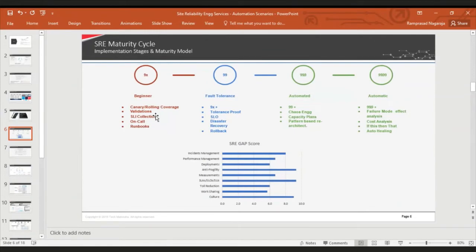There is an assessment mechanism of where the enterprise is in terms of its SRE capabilities, and then we have a mechanism from beginner stage to automated to automatic eventually, and there are different interventions that you bring in, in terms of capabilities that you build in for enabling that journey, reaching a complete score of maturity near 10. You would obviously not have the complete maturity. It's a constantly evolving thing.